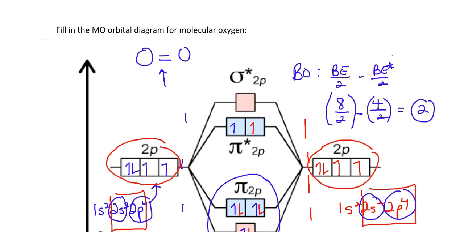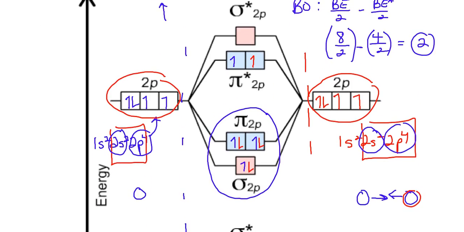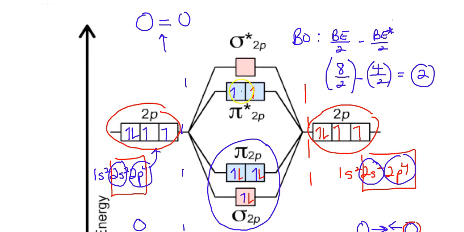So what's the big deal? Well, the big deal is, we know from experimentation that liquid oxygen is actually a little blue, lightly colored blue. And how can that be? Well, we can see from the MO theory that some of these electrons, if they're giving a color of light, that means they're absorbing some wavelengths of light, right?